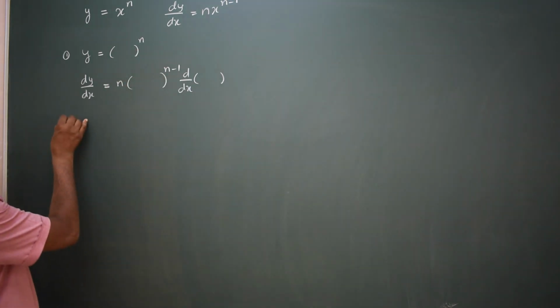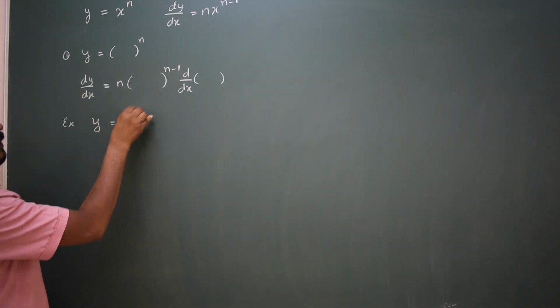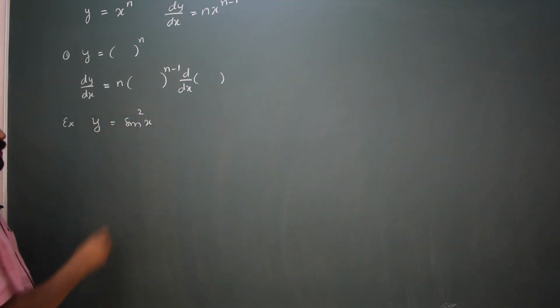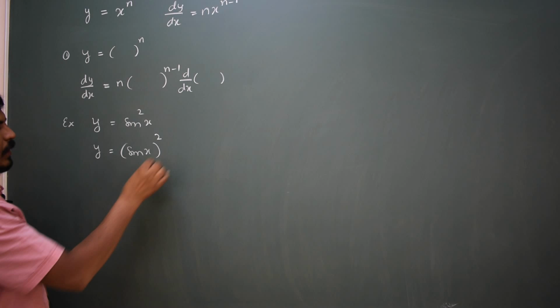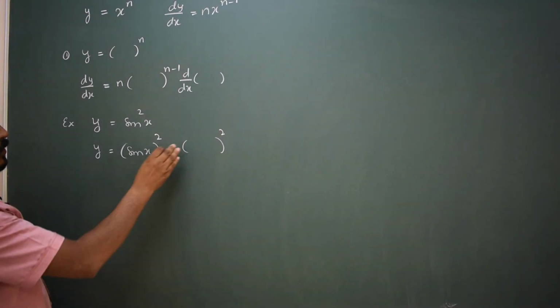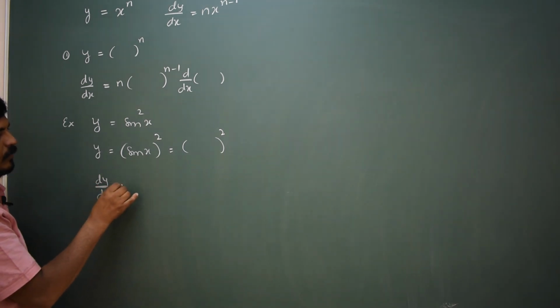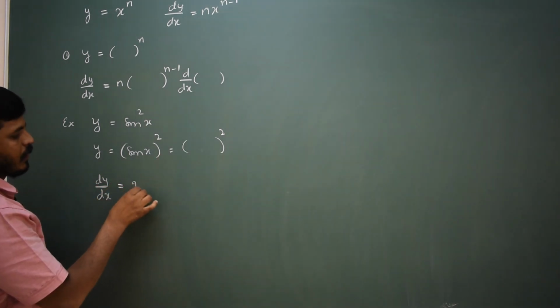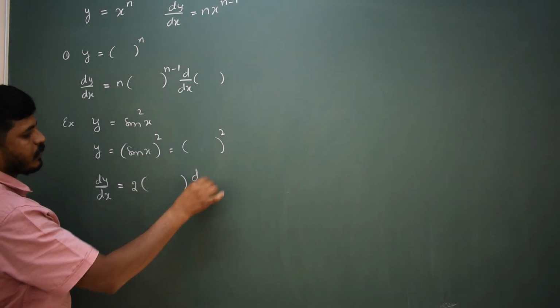Say for example, y is equal to sin square x. Sin square x can be written as sin x the whole square. Now read it as something the square. How to differentiate this? dy by dx is 2 into something into d by dx of something.